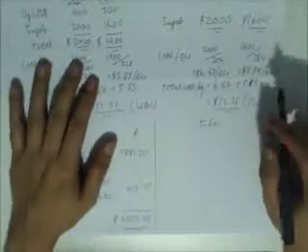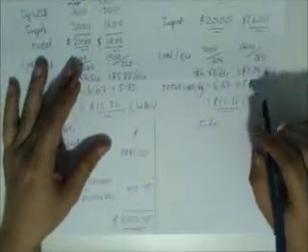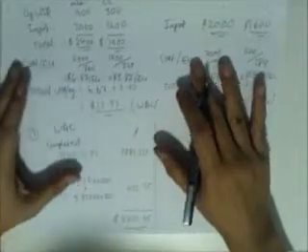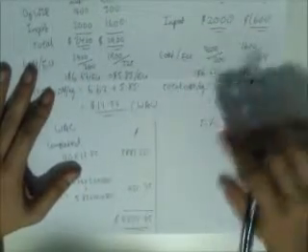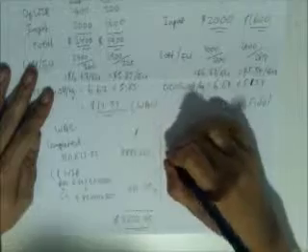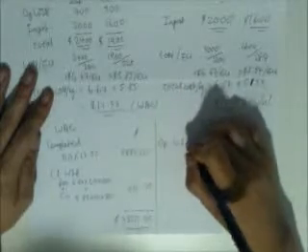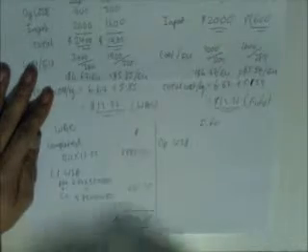For the first in, first out method, the difference is, as I mentioned, we actually make a distinction between the opening work in progress and those that are started and completed in this period.